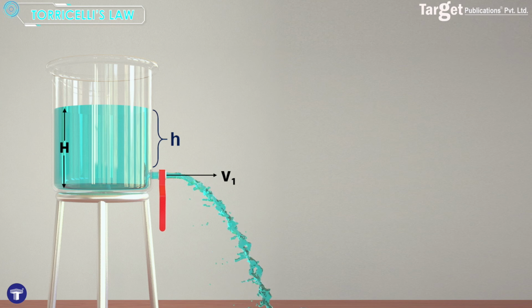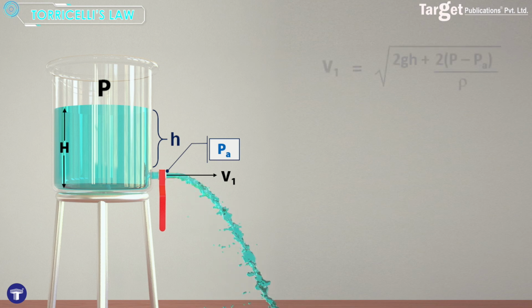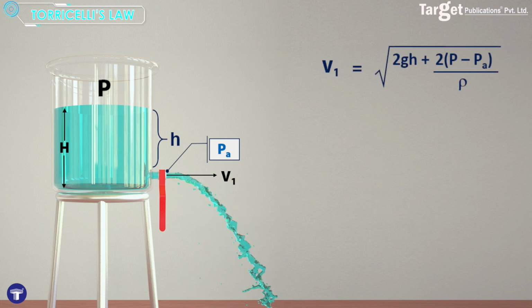Let V1 be the speed of the fluid coming out from the orifice, and PA is the pressure of the atmosphere. h is the depth at which the orifice lies from the free surface of the liquid. Let the pressure of the liquid at the free surface inside the container be capital P. From Torricelli's law, the speed of the liquid flowing out of the orifice is given by root of 2gh plus 2 times P minus PA divided by rho.